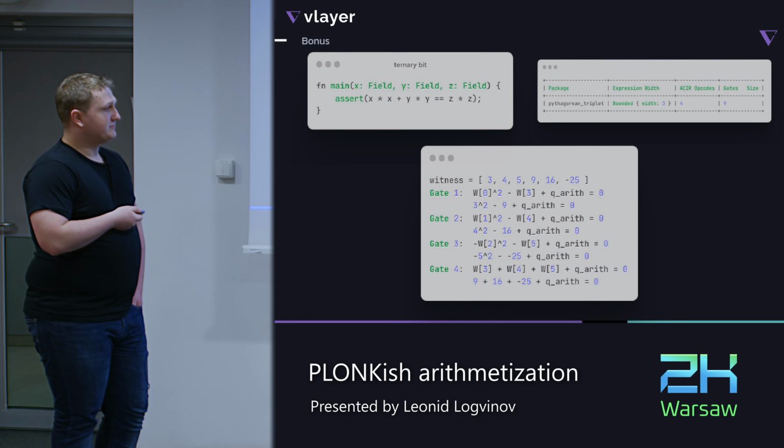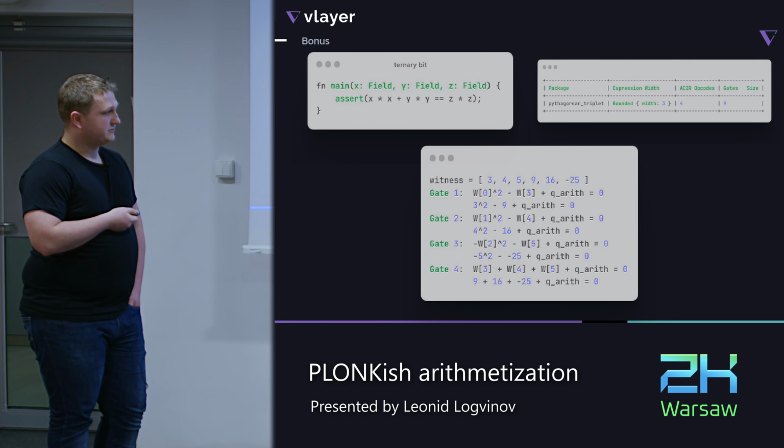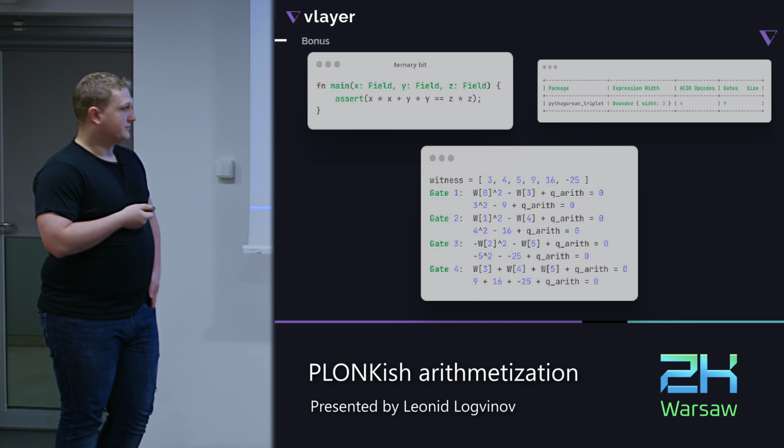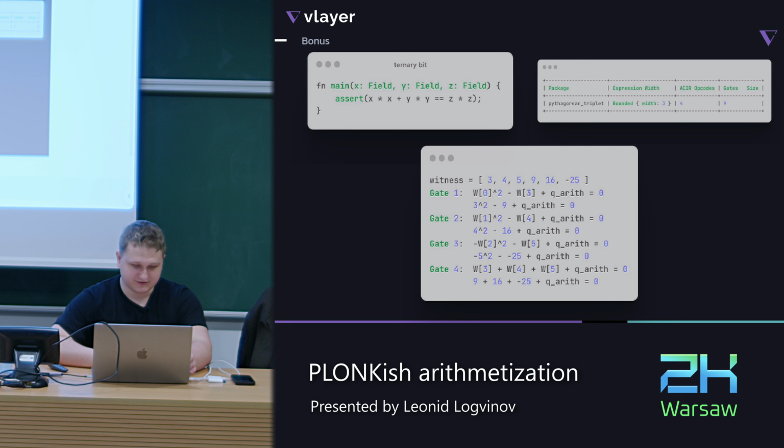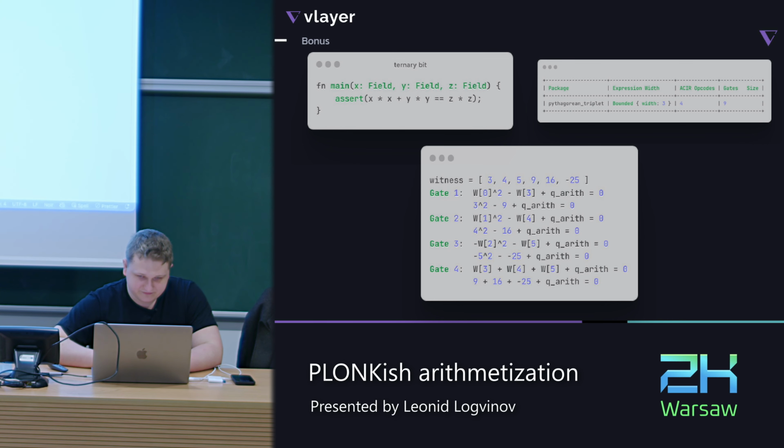Yeah, this is a simplification because if you actually print out those coefficients in Noir, they're huge. I can show them, but there are no negative field elements, so I just do a trick like that. So like prime minus 25. Yeah, so this is our prime number that we're using in Noir.